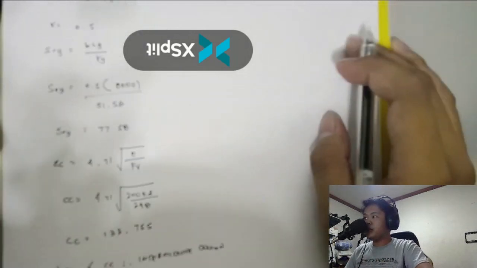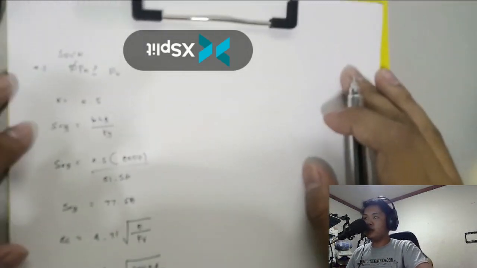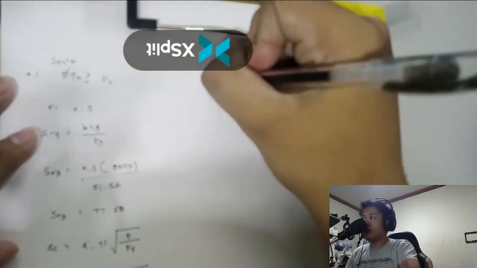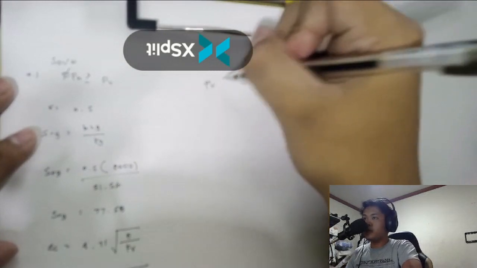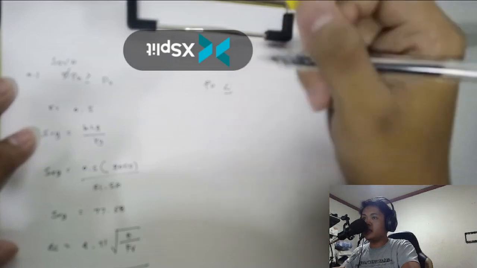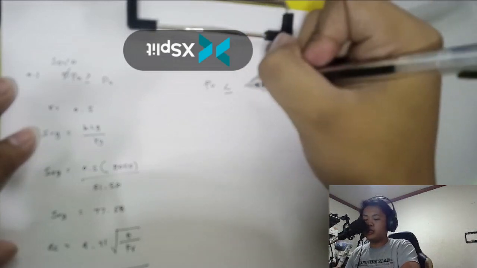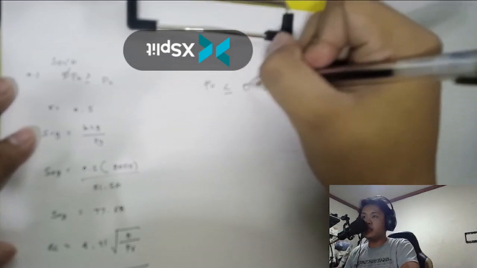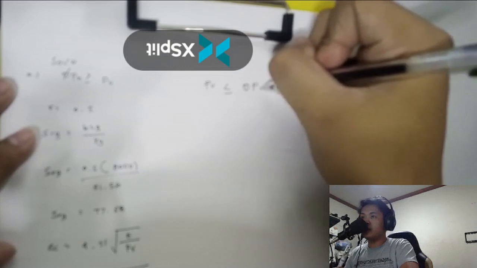So para ma-solve natin yung PU or yung ultimate axial load, it is less than or equal to the design load.